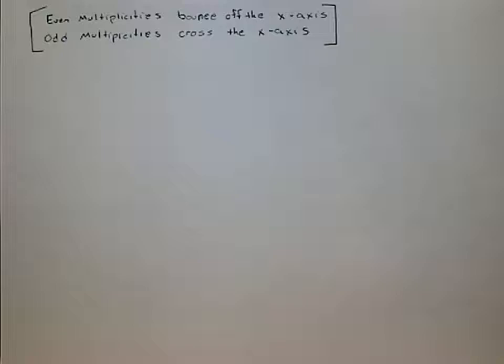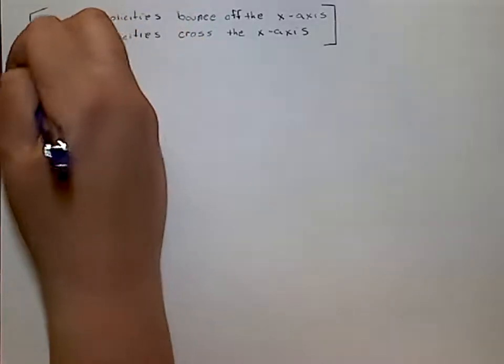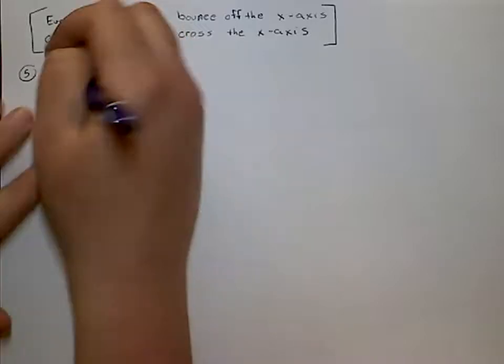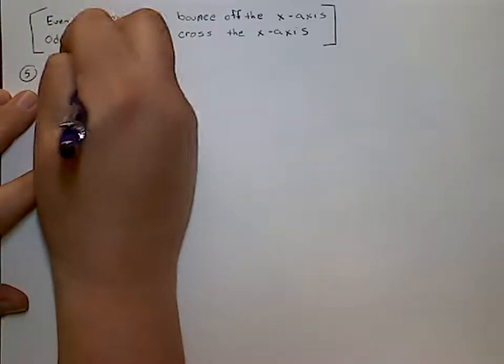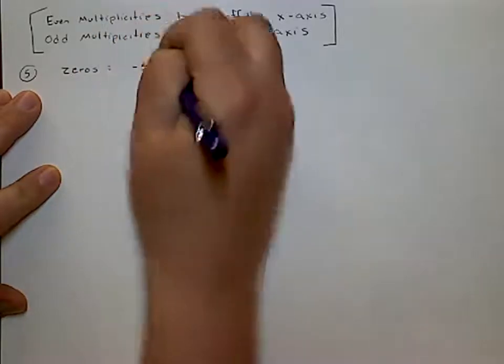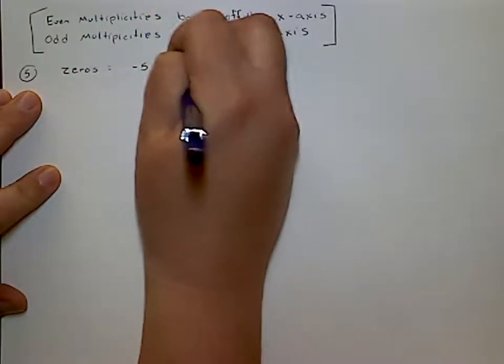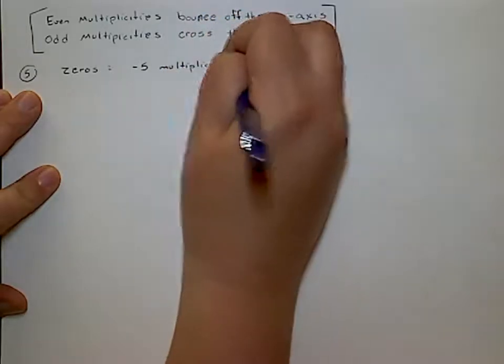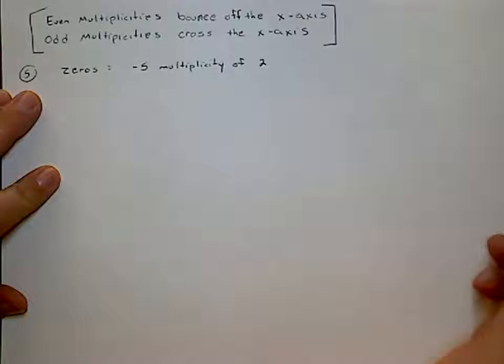Okay, so let's take a look at another example. Well, I guess we'll call this example number 5. I'm just going to tell you that we have zeros of negative 5, and negative 5 has a multiplicity of 2.